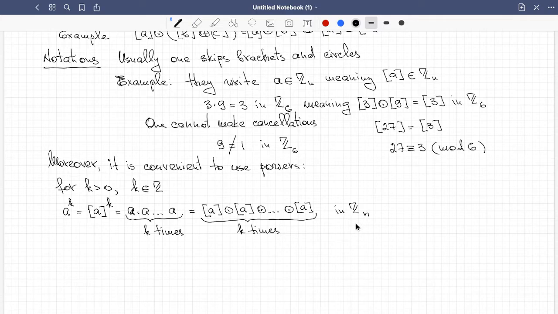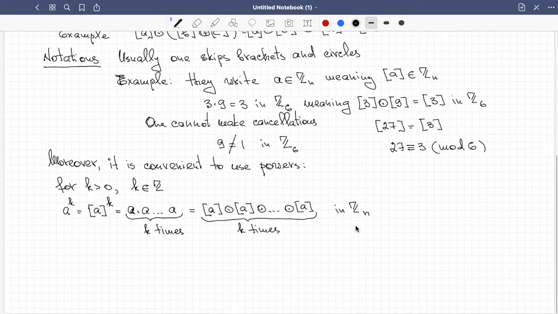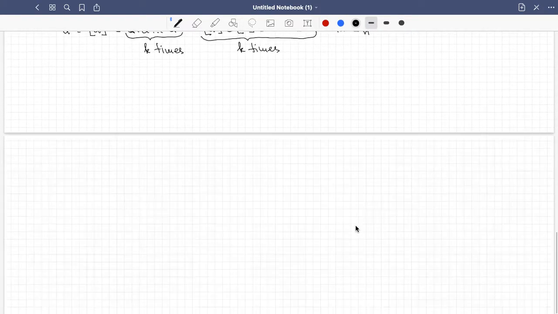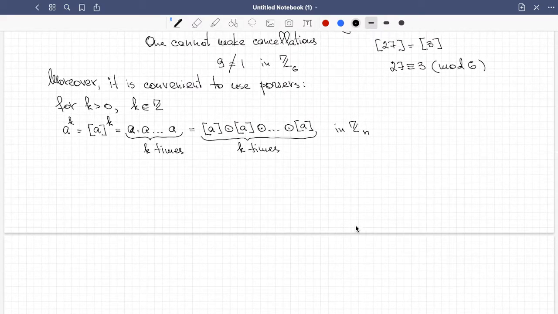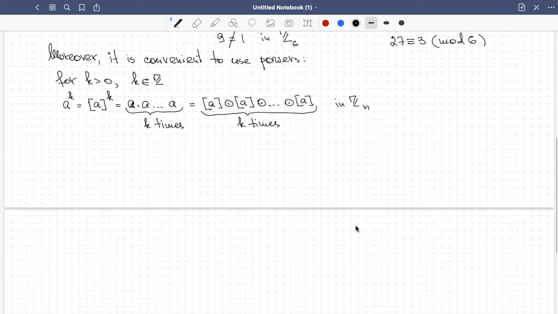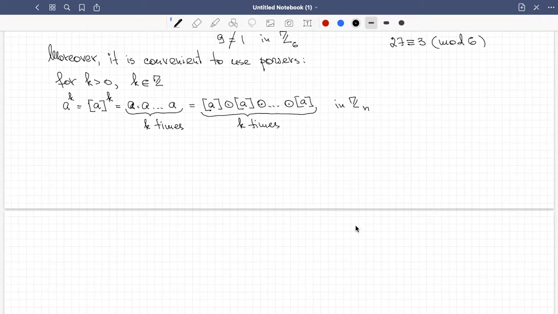This is just about notations used elsewhere for arithmetics in Z mod n, for the modular arithmetics. Let me also address some subtlety which the book does not mention related to this notation.